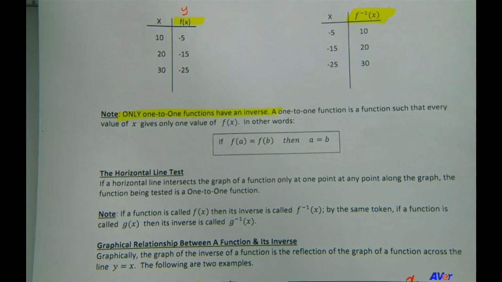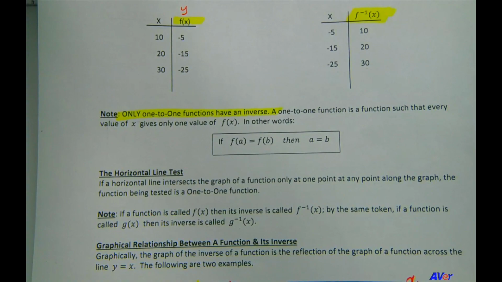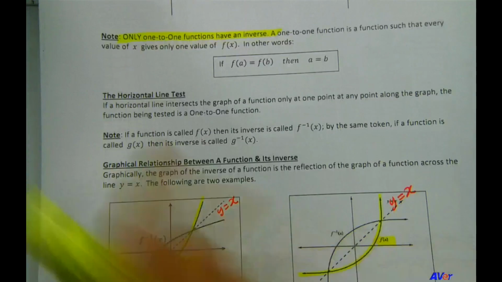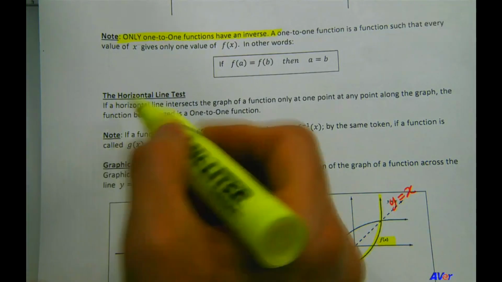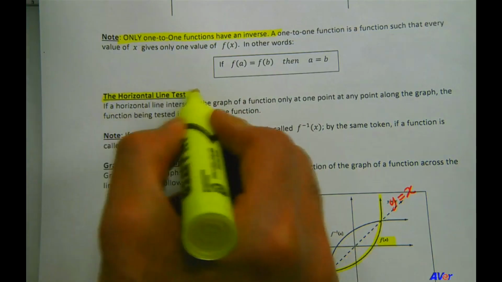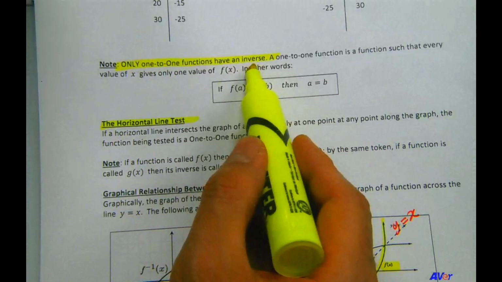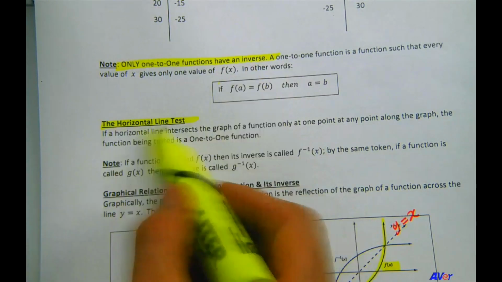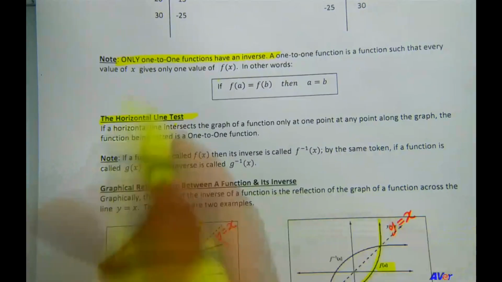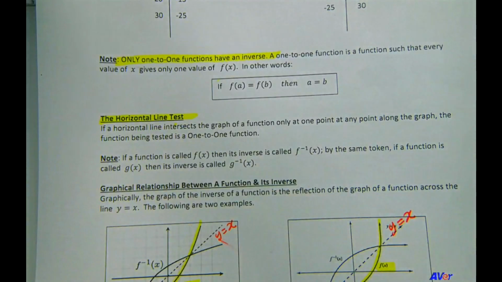In this course, we don't really look into that in a numerical sense that much, but graphically we do. The horizontal line test is a graphical way of finding out which functions are one-to-one and which are not, because only one-to-one functions can have an inverse.